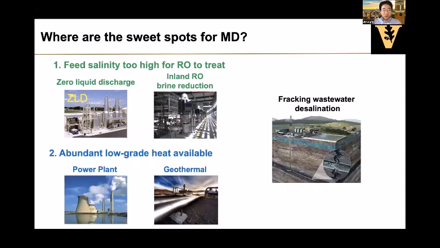And then when we have abundant low-grade waste heat available, if you're not going to use that, you're going to waste it anyway. In that case, the energy consumption may not be very low, but the energy cost can be quite low. So fracking wastewater desalination, just as Renew talked about in his presentation, is one really sweet spot that combines both of these characteristics.